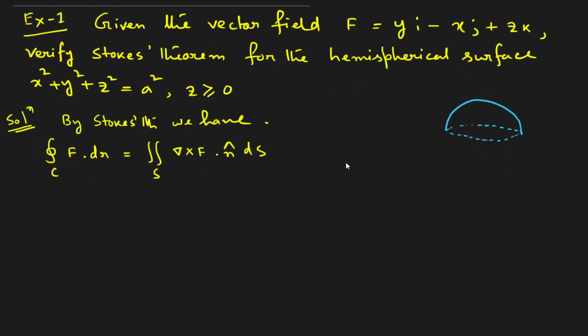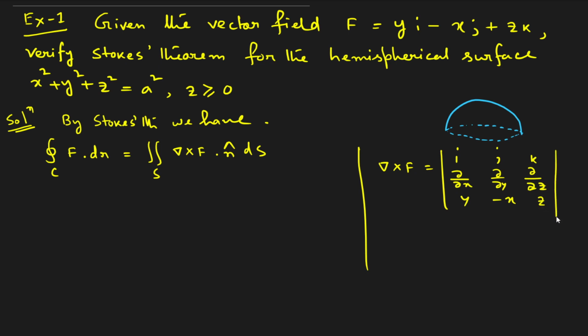Okay. Now let us find nabla cross F first. Nabla cross F, how to write? i cap, j cap, k cap, del x, del y, del z, and F is y, minus x, and then z. Now you have to split it.